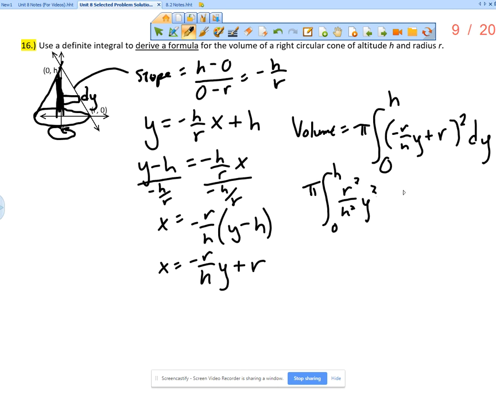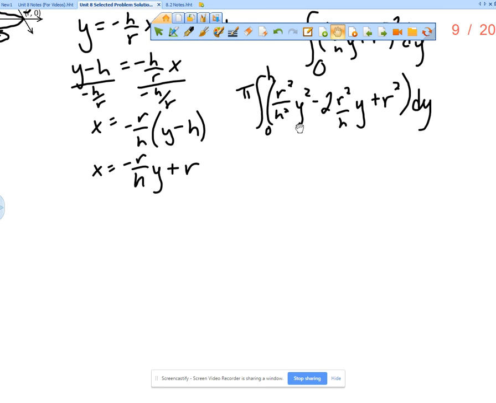Then I have negative r over h y times r, and two of those, so I have minus 2 times r squared over h times y. And then I multiply r by itself, so I get plus r squared. We're going to integrate all of that with respect to y. So remember, the key is with respect to y.